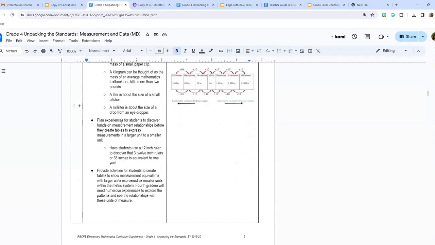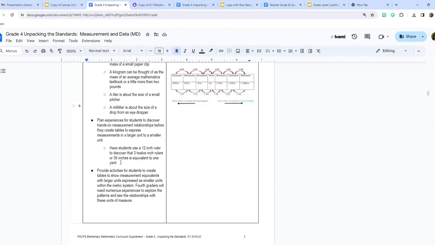You can plan experiences for students to discover hands-on measurement relationships before they create tables to express measurements in a larger unit to a smaller unit. Have students use a 12-inch ruler to discover that 3 12-inch rulers, or 36 inches, is equivalent to 1 yard.